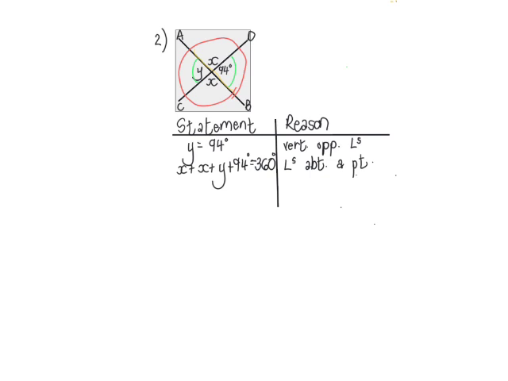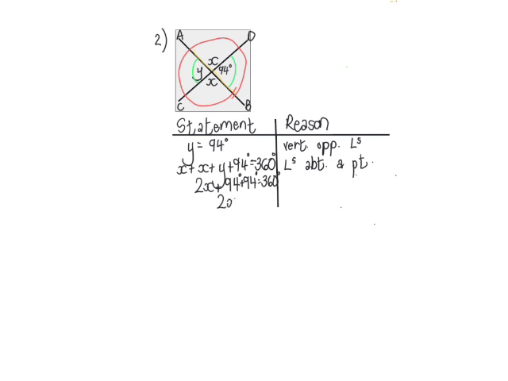And now we simplify on the left hand side. We already know the value of y and we can therefore substitute. You can even completely skip this step immediately onto this step which I'm doing right now. 2x plus 94 degrees plus 94 degrees equals 360 degrees. And then we solve for x by adding 94, which gives you 188.